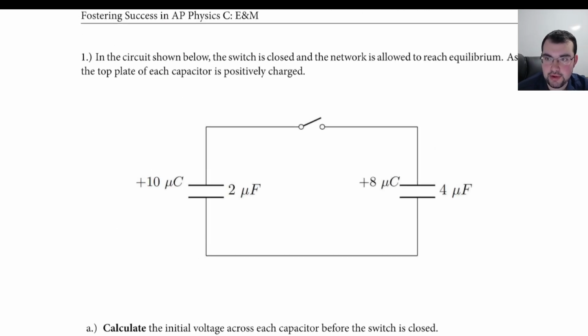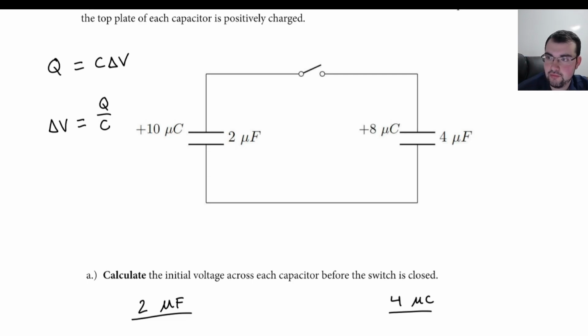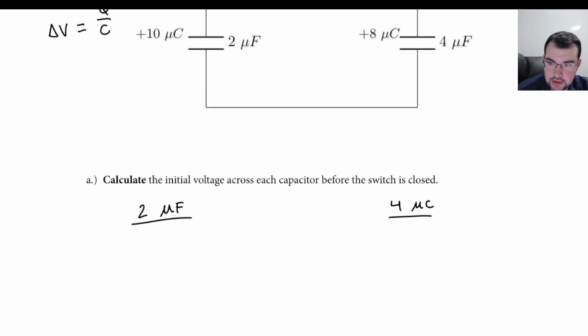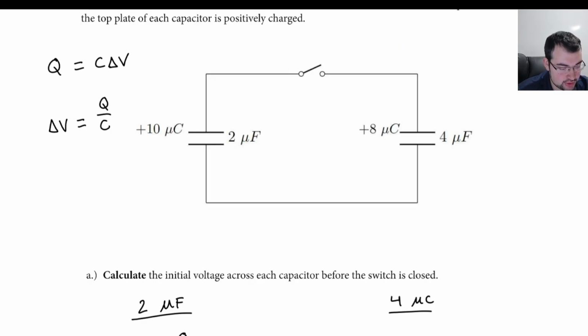And because we know that Q is equal to C delta V, we know delta V across a capacitor is Q over C. So delta V is Q over C. And you actually don't need to convert using scientific notation if all of your units match.